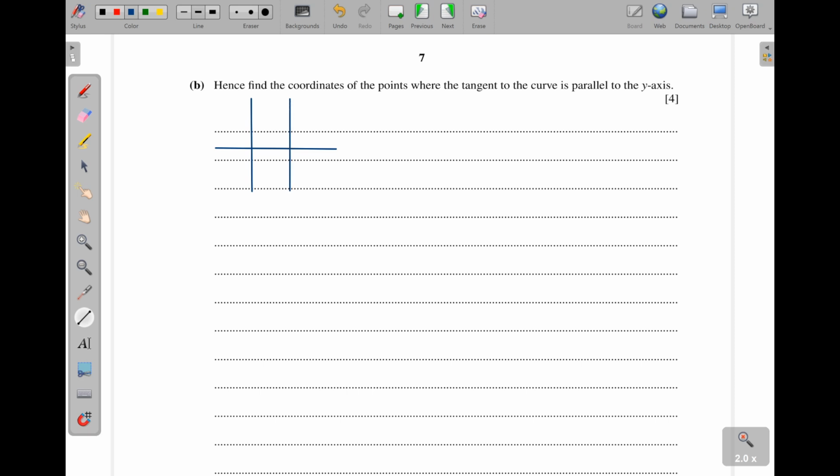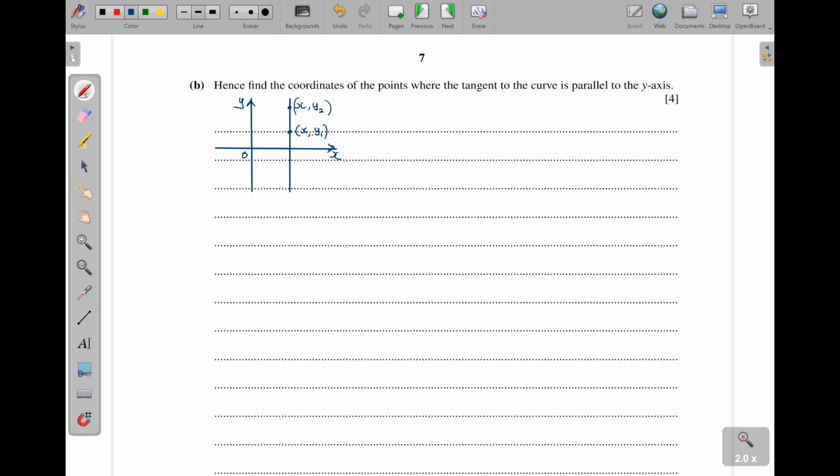So just like that. This one is my y, this is 0, and this line is the x-axis. On this vertical line, we have an x coordinate and a y coordinate, let's say this is y2. And then there is another point here with the same x coordinate, and y is different.